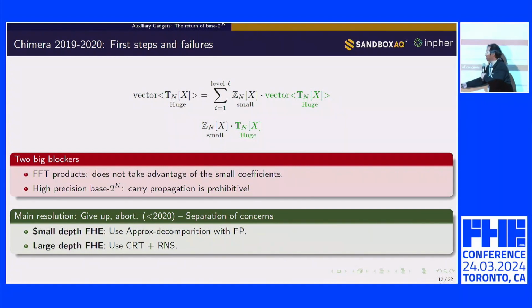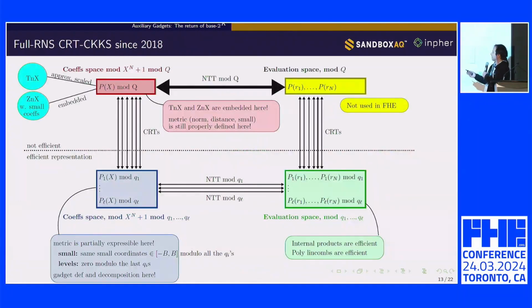So CRT plus RNS, that corresponds to this beautiful diagram where you have the coefficient space in big numbers and the decomposition of big numbers in a family of primes using CRT. And here from left to right, NTT that will deal with coefficients modulo X^N plus 1, and on the right, evaluations.